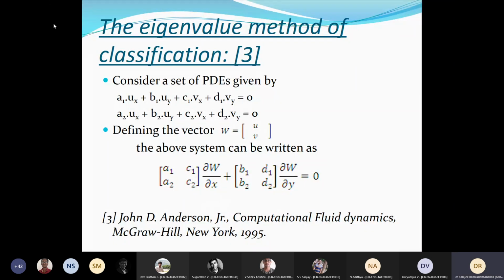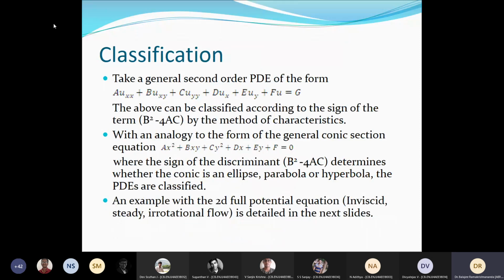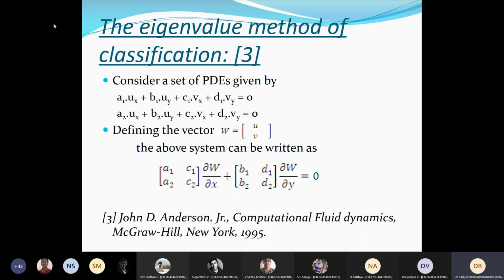So if this set of PDEs is given by A1 ux plus B1 uy plus C1 vx plus D1 vy. Now this is first order in two dependent variables u and v and two independent variables x and y. This is equivalent to the earlier one, but the form is different. Now you can classify this also in a similar manner.